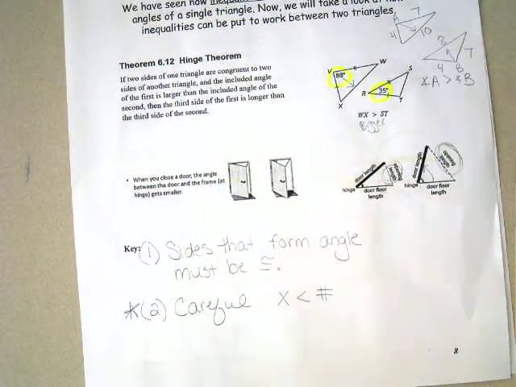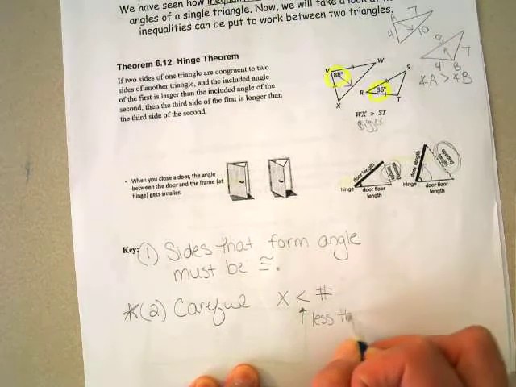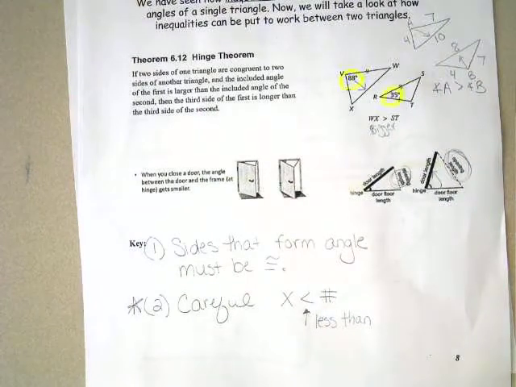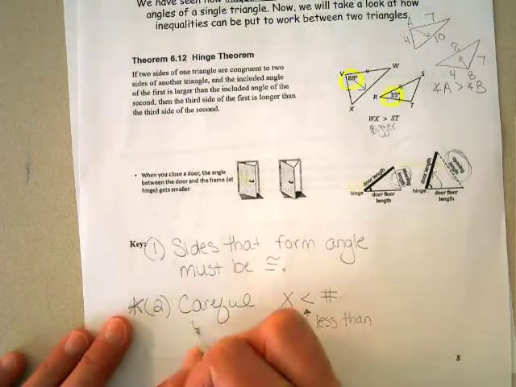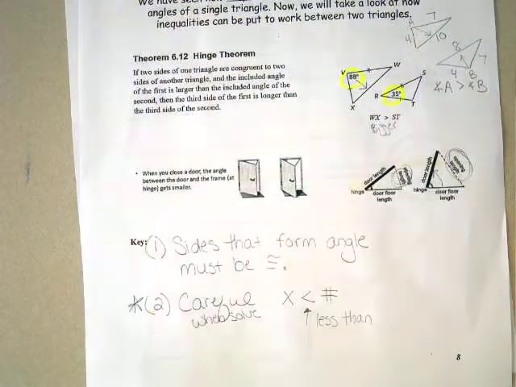You've got to really, really watch the less than symbol. And again, this may not make a single piece of sense to you right now, but it will in a minute. Maybe I should say: be careful when solving, because the next problem has a less than symbol in it and there's nothing wrong with it. It's when we solve.